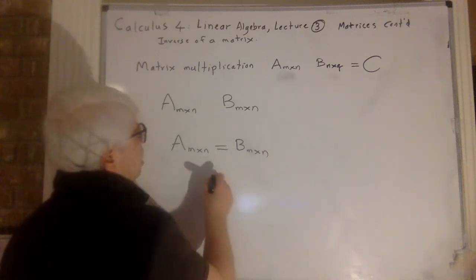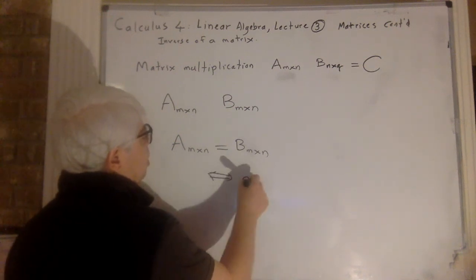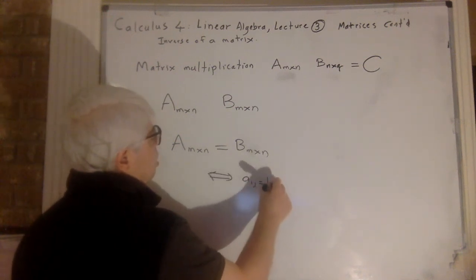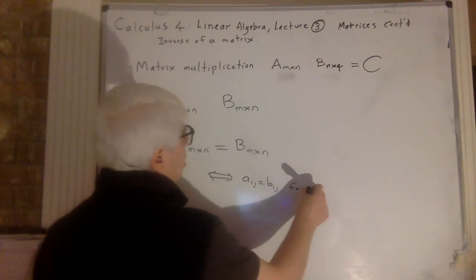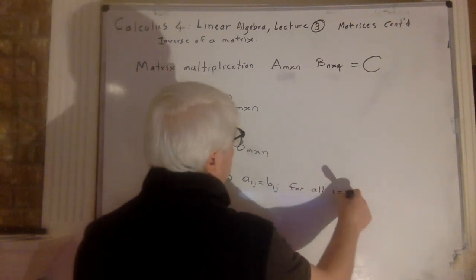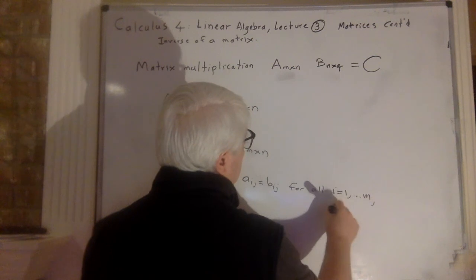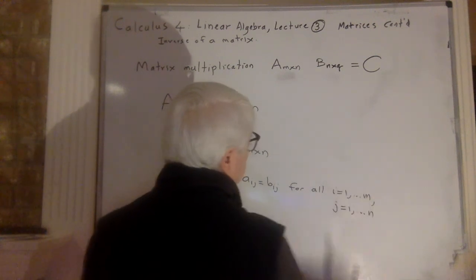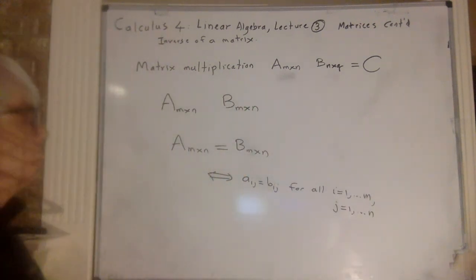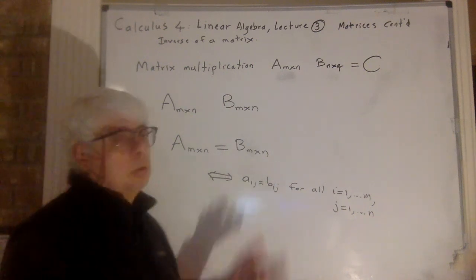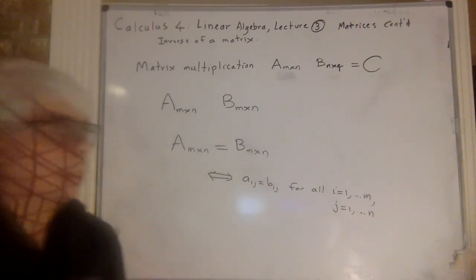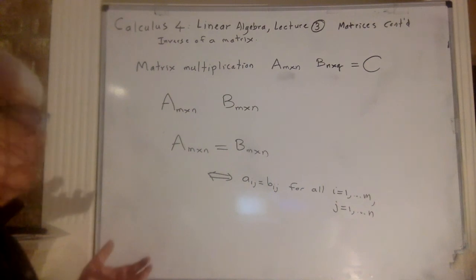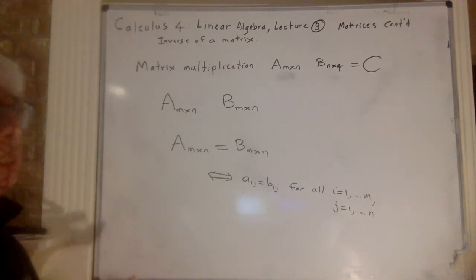That is if and only if Aij equals Bij for all i from 1 to m and j from 1 to n. When I say Aij equals Bij, I mean that they're the same. That's like when you're solving an equation, say x squared plus 2x plus 5 equals 0, you're saying that the left side and the right side are the same.